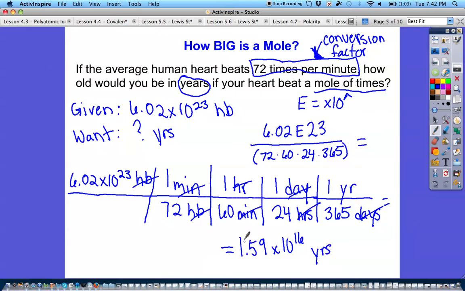I rounded to 2 decimal places. So this is our final answer.